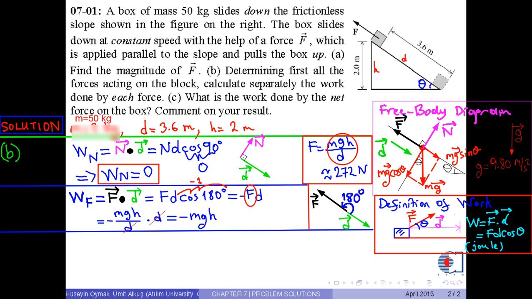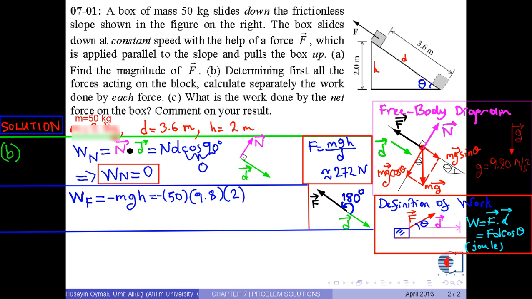Now, we can substitute the numerical figures into this equation to get minus 50 kilograms times 9.8 meters per second squared times 2. As a result, the work done by force F is negative 980 joules.